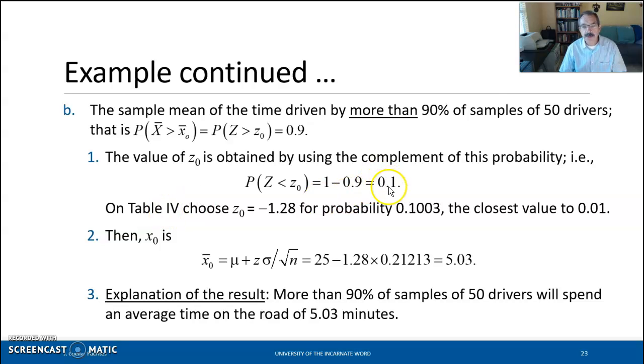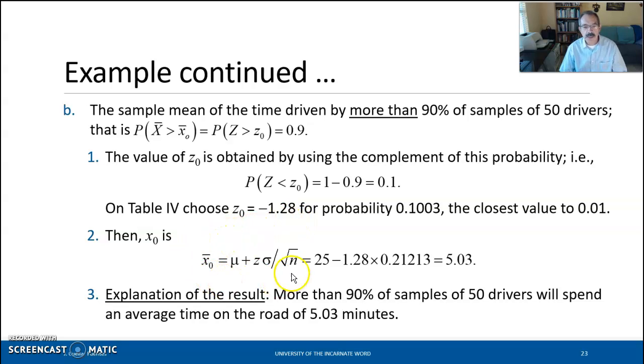Now, with this probability, you look for it on table 4, and you see that the closest probability to this is 0.1003. And this should be 0.1, not 0.01. The z-value that corresponds to this probability of 0.1003 is minus 1.28.